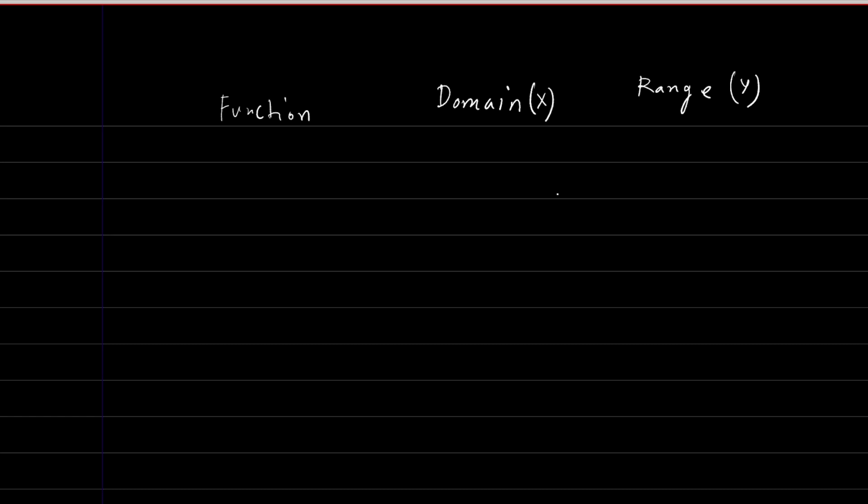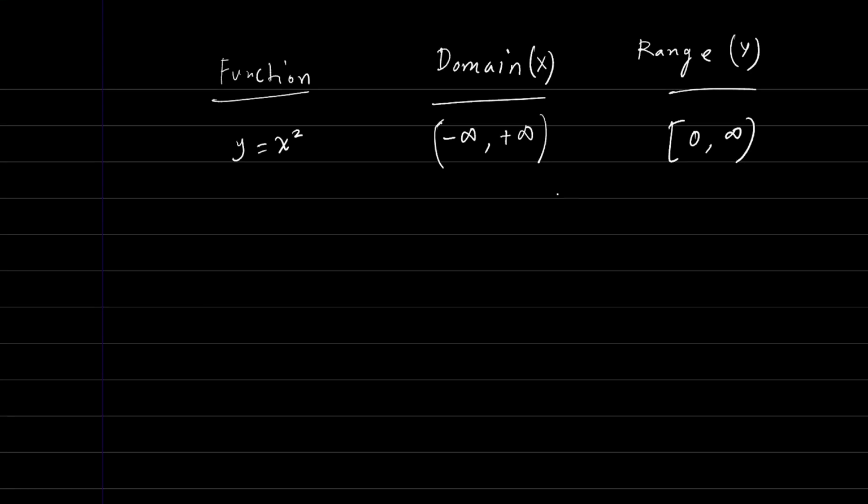The domain is x, for y is equal to x square. Real numbers would be our domain. For input we can use any number, from minus infinity to plus infinity. What these brackets mean I will explain later. The range would be from 0 to positive infinity.